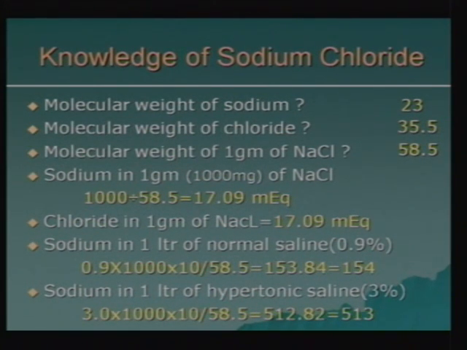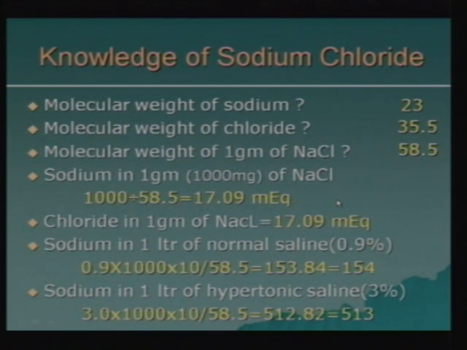Now the next slide: in 1 gram of sodium chloride, what is the amount of sodium and chloride delivered? It should be equal, but it is a simple equation. You divide 1000 milligrams, because 1 gram contains 1000 milligrams, by 58.5, the molecular weight of sodium chloride. Your answer is 17.09 milliequivalent, or for all practical purposes 17 milliequivalent.